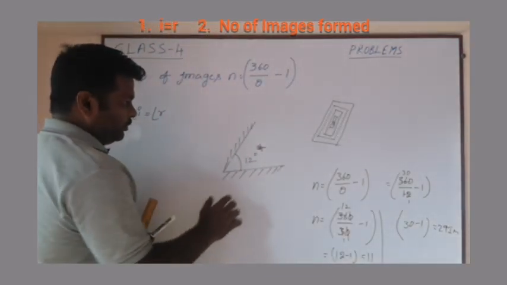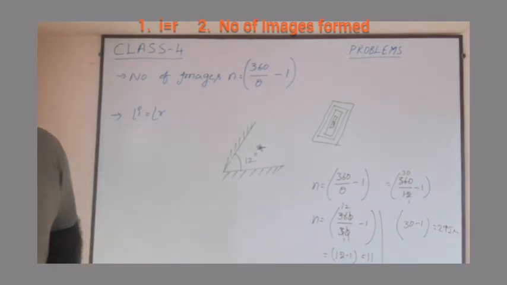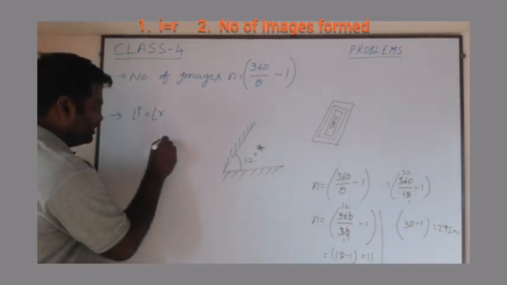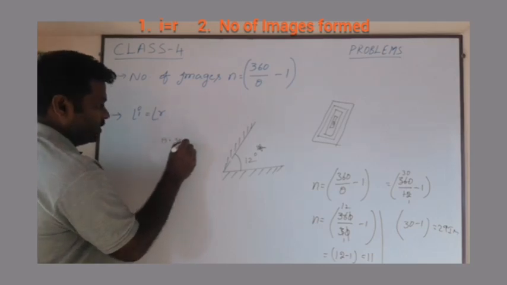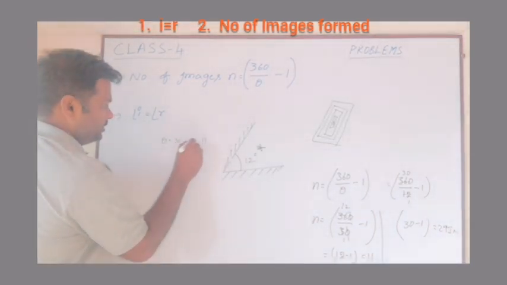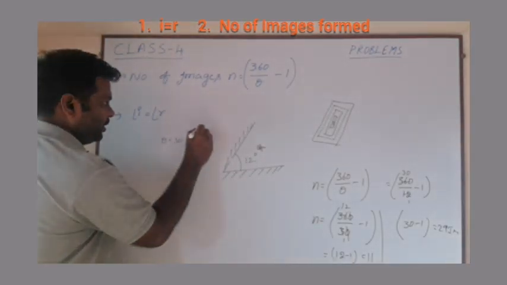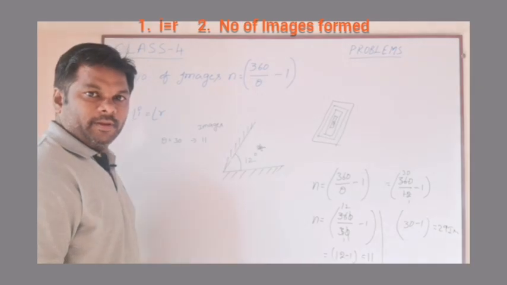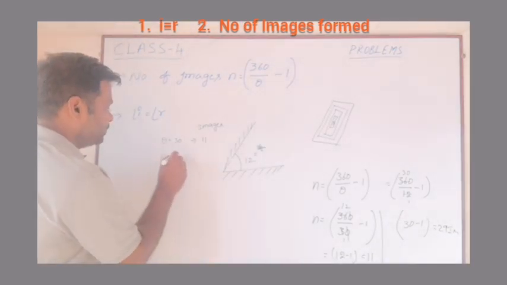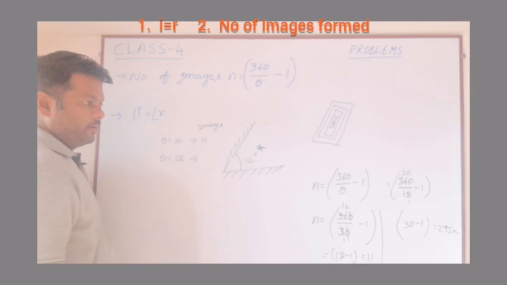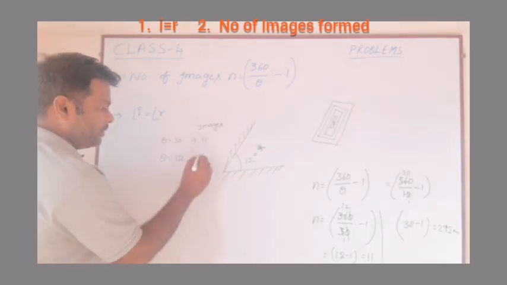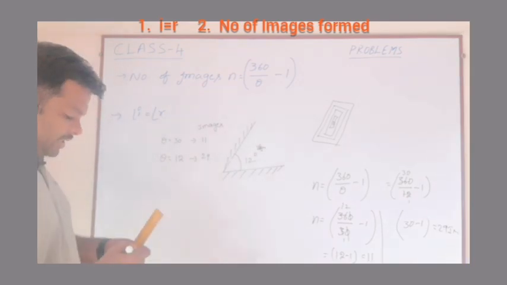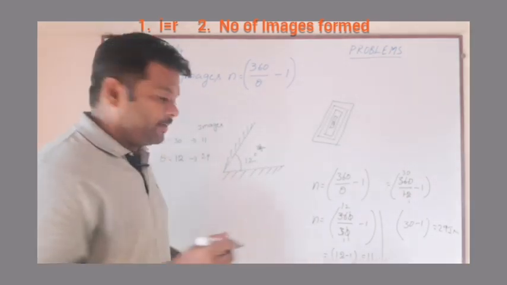You can take one more, or you can analyze here. When theta is equal to 30 degrees, you got 11 images. When theta is equal to 12, how many images did you get? 29 images. Can I decrease the angle between these two once again?